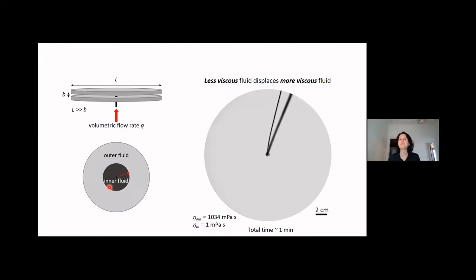However, whenever a less viscous fluid displaces a more viscous one, luckily the situation is much more interesting. I'd like to show you a video of what happens in that case. You're seeing here such a so-called Hele-Shaw system from the top. The glycerol is already pumped in, and as the movie starts, we inject dyed water through this tubing into the center of the plates.